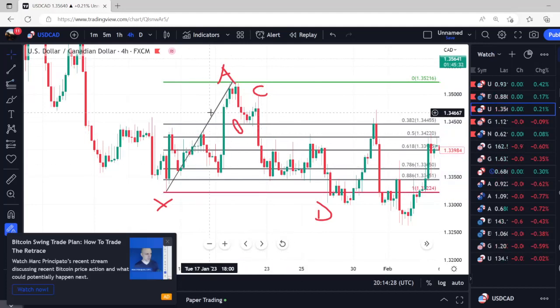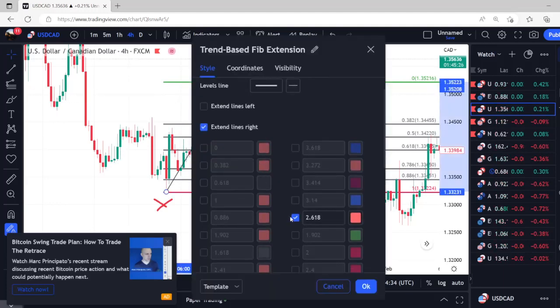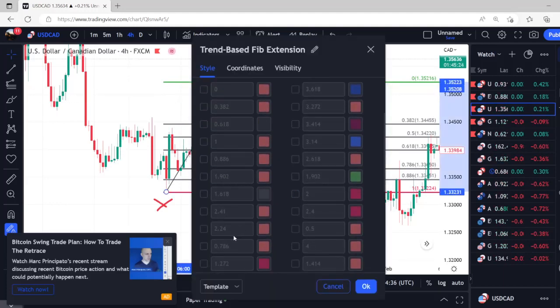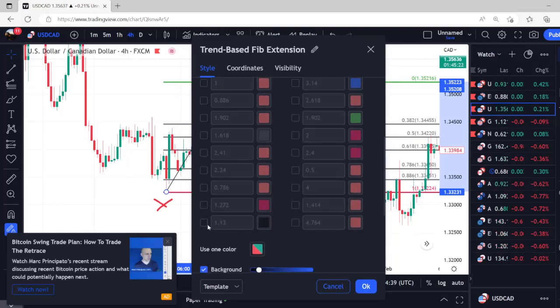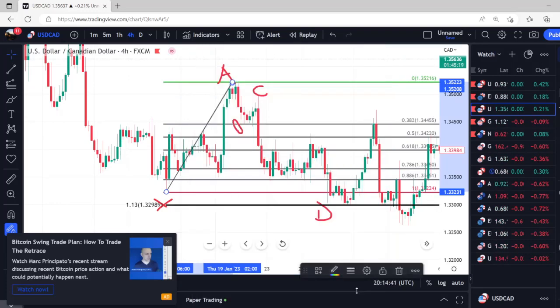So we measure from A to X back to A, and we are looking for 1.13. As you can see, this black line here is 1.13.